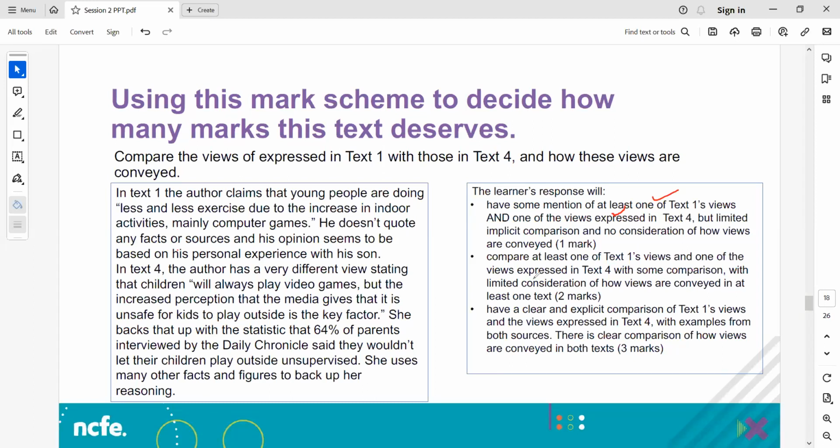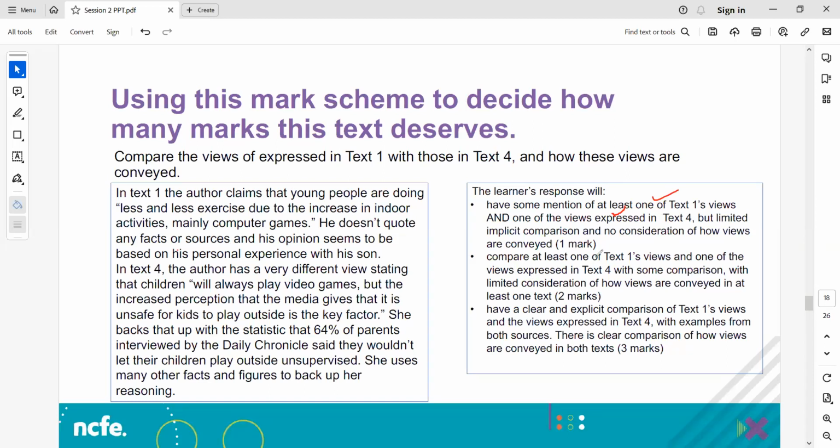Compare at least one of text 1's views and one of the views expressed in text 4 with some comparison. So we've got text 1 talking about young people doing less exercise, playing computer games, and it's conveyed as a personal experience.